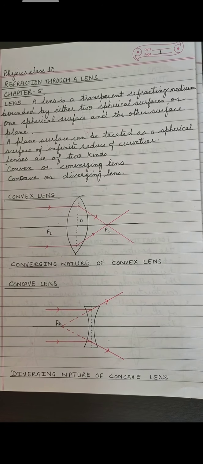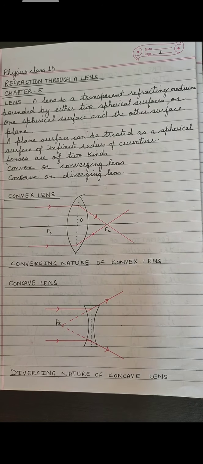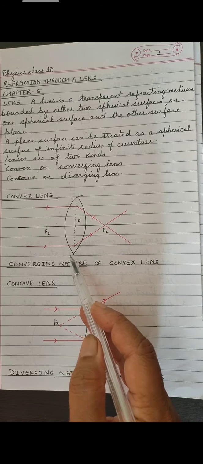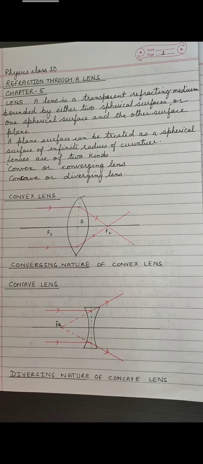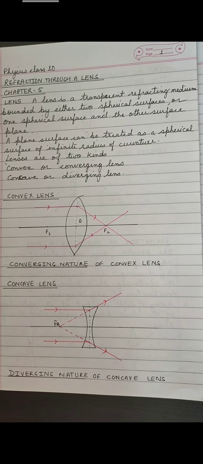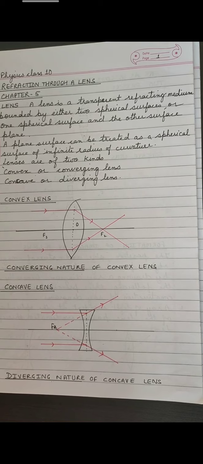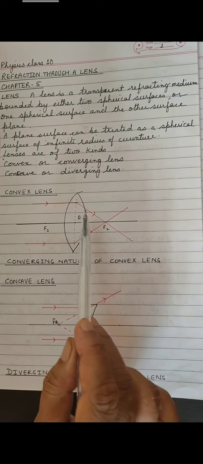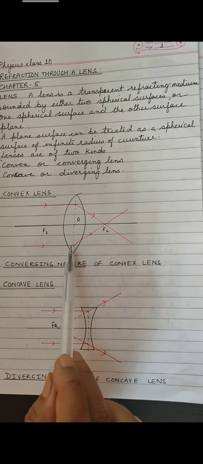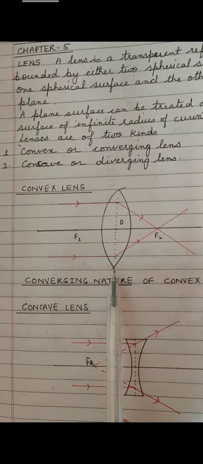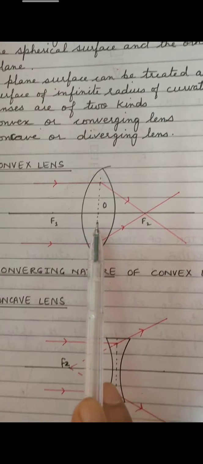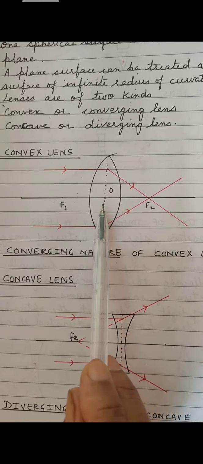To show the refraction through a lens, we first draw a convex lens. While drawing the convex lens, please make sure that the curvature on both sides is drawn the same. We draw a straight line first, and at the center draw a dotted line showing the middle point of the lens.